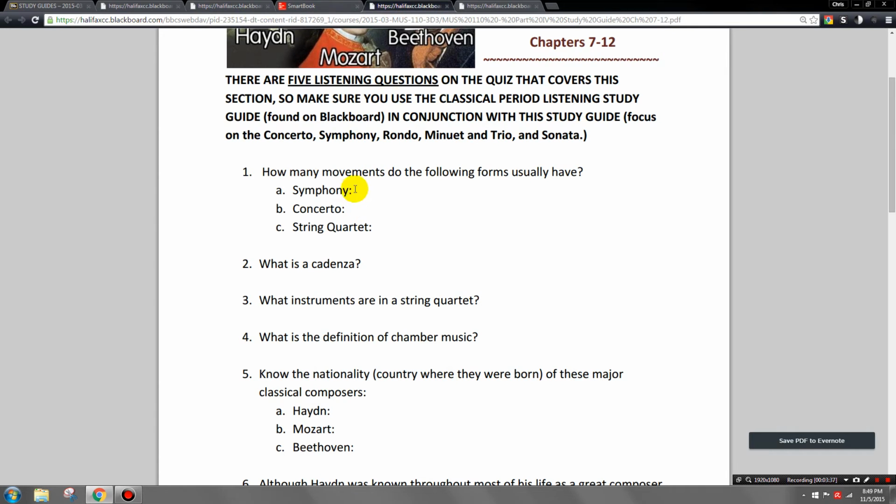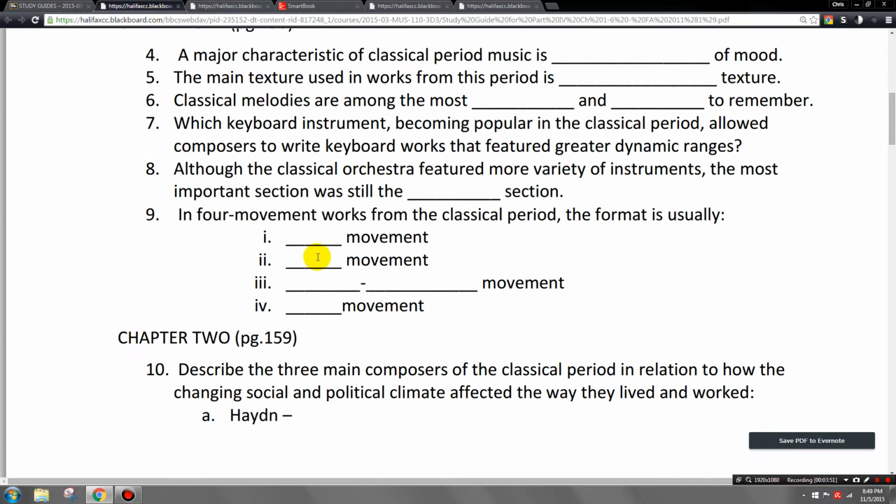However, composers didn't just call these movements by their tempo. For instance, a composer might say allegro, which means fast in Italian, but then add con brio, which means with spirit. So the tempo marking is not always what they would indicate. Sometimes when you look at these movements and you look at their titles, it can tell you more than just the speed.